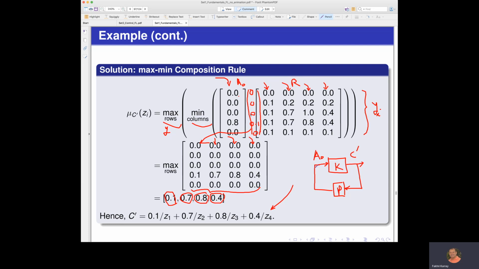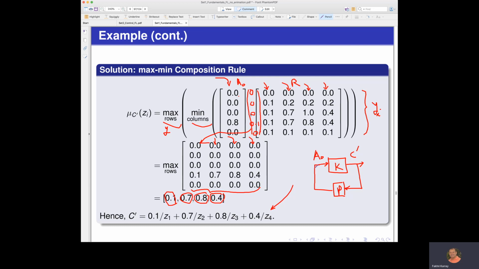And that sensory measurement is going to excite the controller, which is the value of K, the engine K. So here we have a process and we have a decision maker, which is in the form of K. The decision maker, K, is going to take the input and generate an output that is going to excite the process and so on and so forth until the system is completely regulated in terms of temperature, or humidity, or pressure. So this is an example for the utilization of the max-min composition rule of inference.